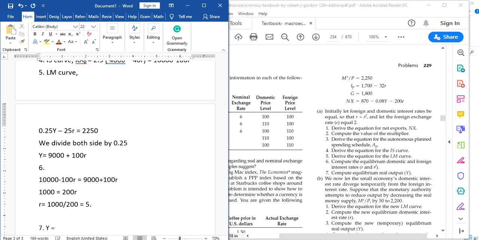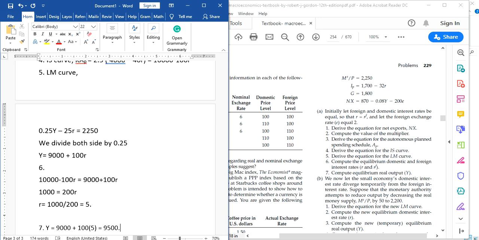For example, I'm using this one: 9,000 plus 100 times R, we have R now, and that gives us 9,500. That was the end of the problems.